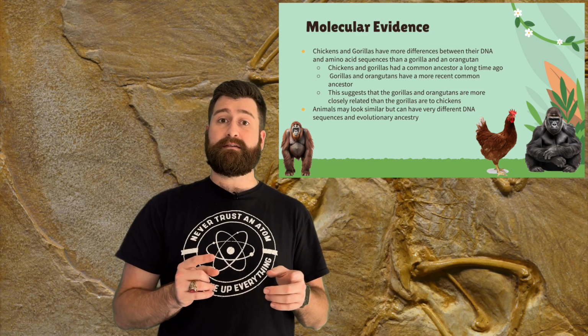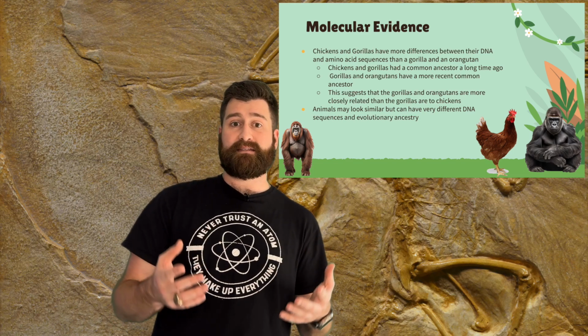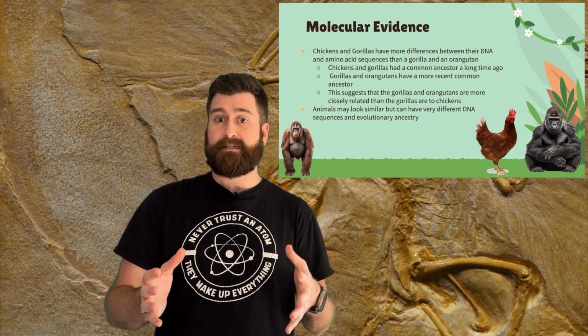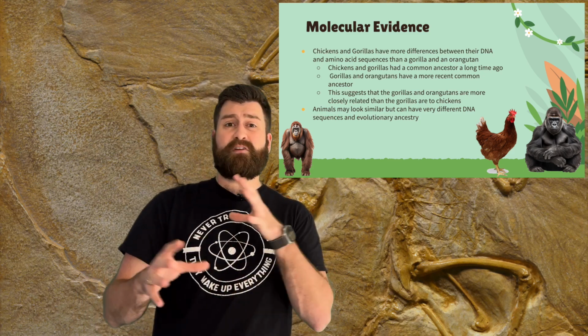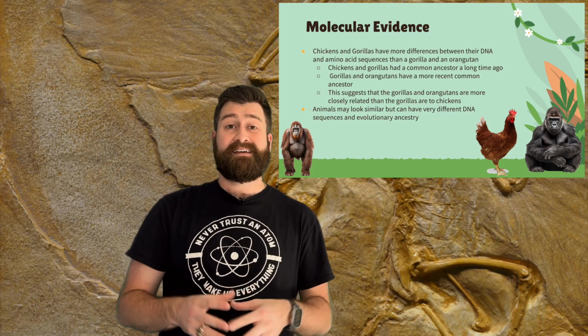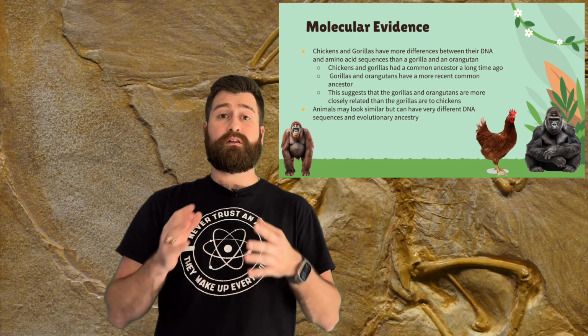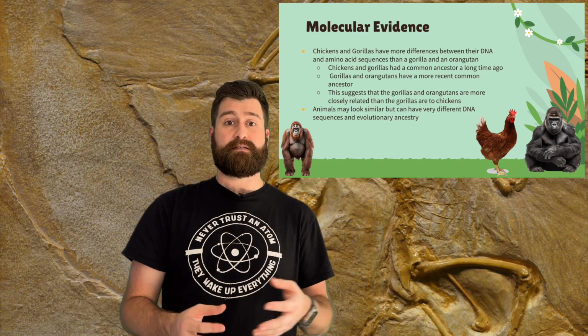That being said, since gorillas and orangutans have fewer differences in their DNA and amino acid sequences, this suggests that gorillas and orangutans have a more recent common ancestor, aka they're more closely related. Summarizing that part, this information suggests that the gorilla and orangutans are more closely related than the gorillas are to chickens because of those differences.